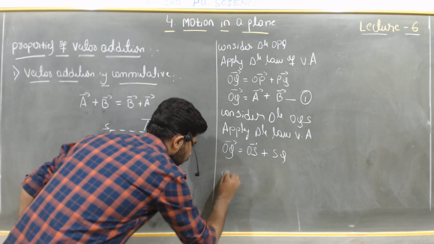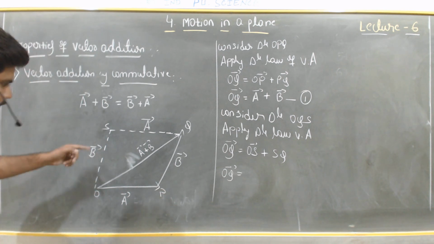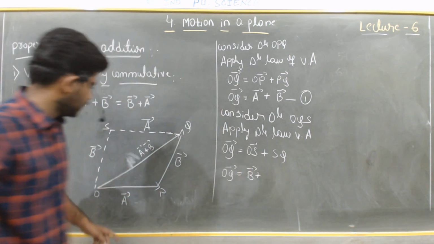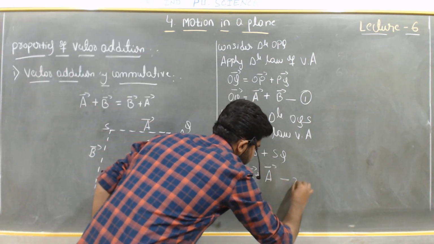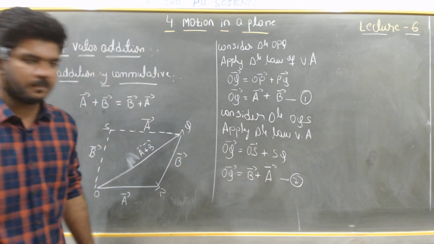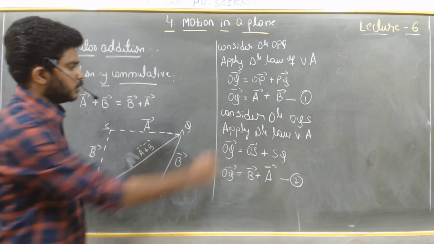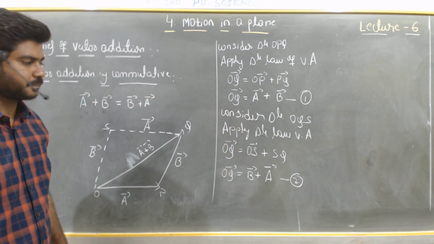So OQ is equal to OS, which is vector B, and SQ is vector A. So you call this one equation 2. See here, equation 1 and equation 2. In both the cases we are having OQ value.